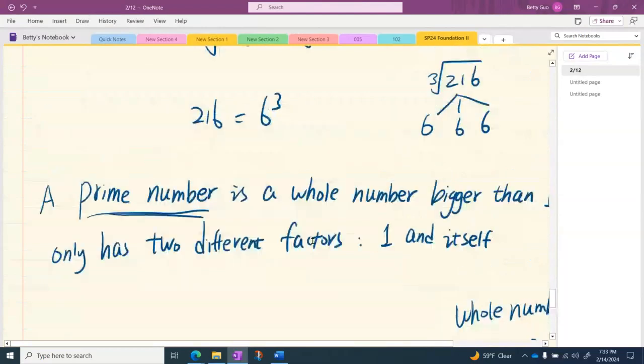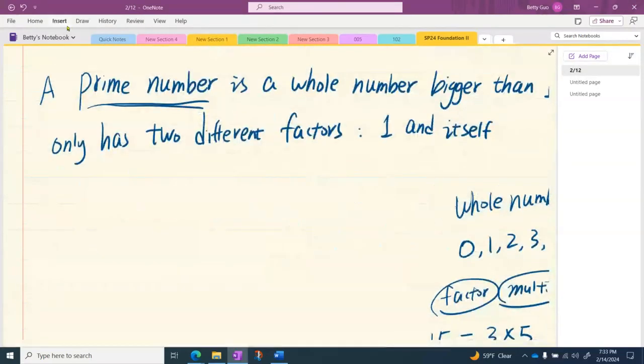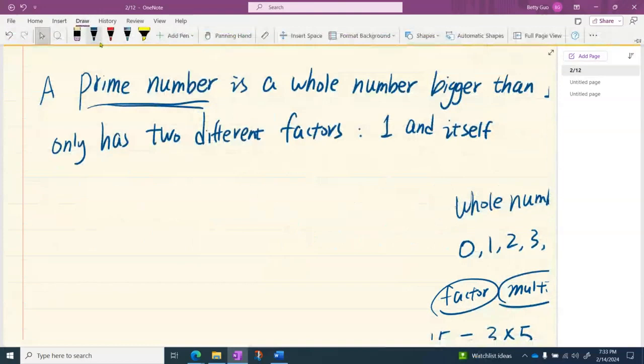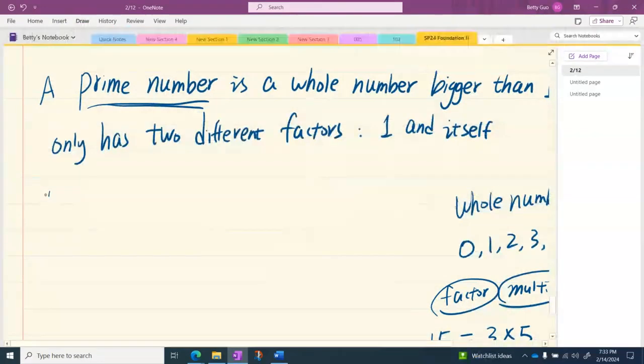Okay, now I'm going to write whole numbers from 1 all the way to 20, and you're going to help me determine which of them are prime, which of them are not.